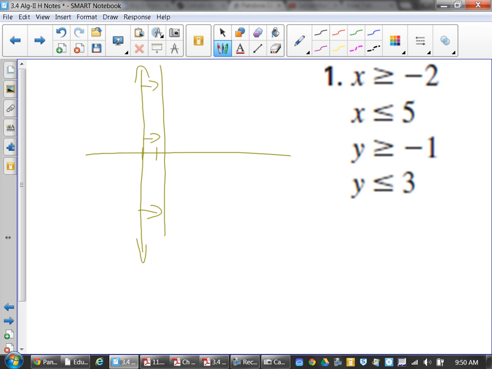So I'm just going to put a couple arrows going that way. X is less than 5. Another vertical line at 5. Convenient. Which way is that one pointing? Left. So right now, you have this bounded region between -2 and 5.